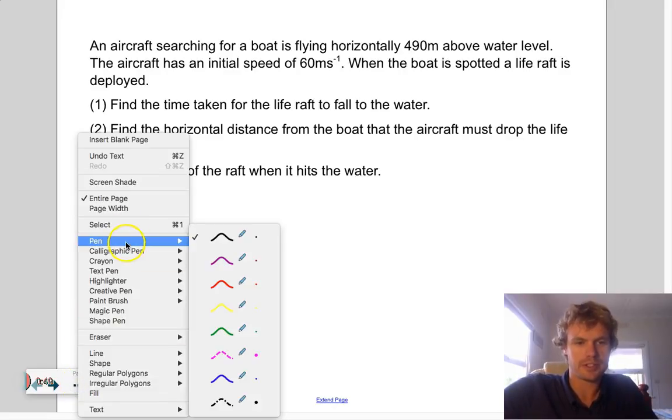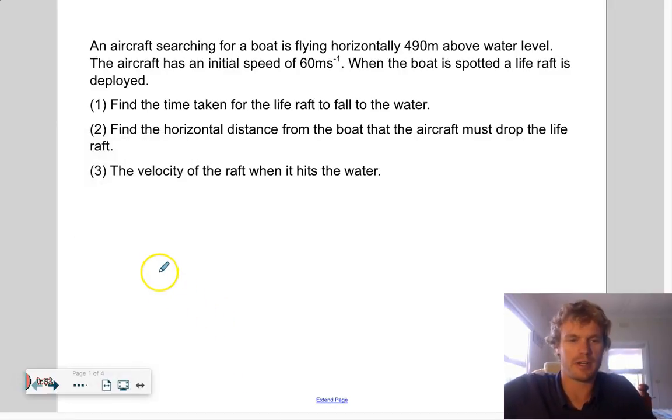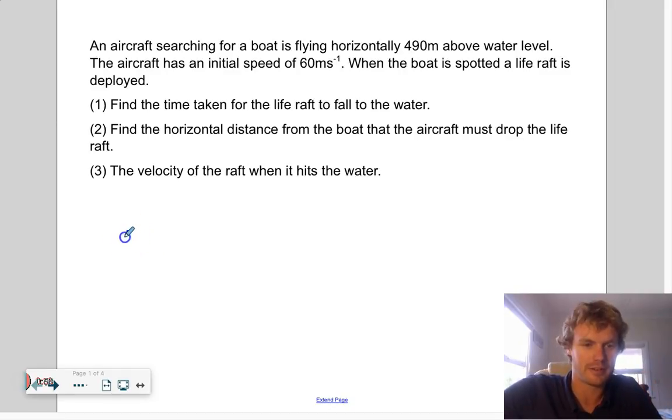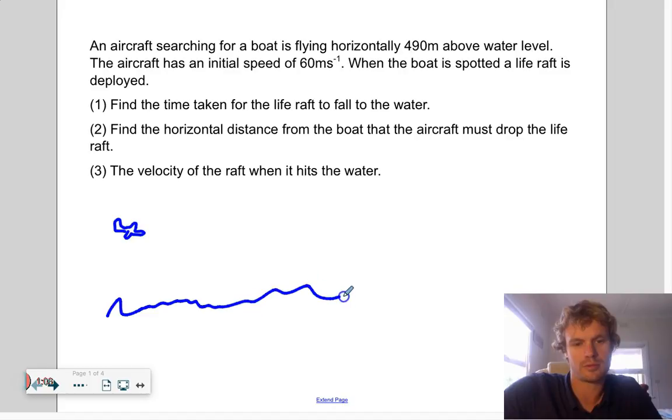So first things first, what I would do is draw a diagram of the situation so you know exactly what you're trying to picture in your head. So if you have a very dodgily drawn airplane, you have some water down here, and a boat.